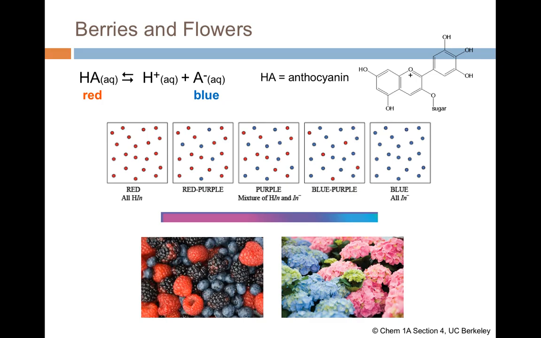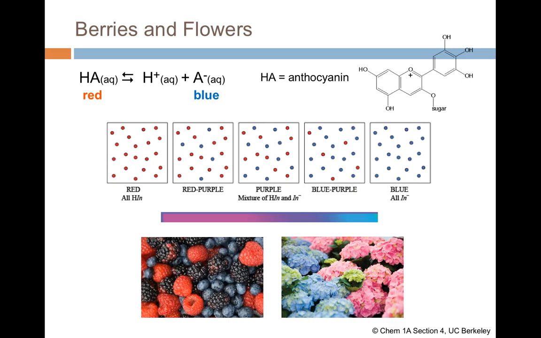Another real-world example of colorful acid-base indicators is the anthocyanin compound that is found in many berries and flowers. Anthocyanin looks red in its weak acid form, HA, and looks blue in its conjugate base form, A-.